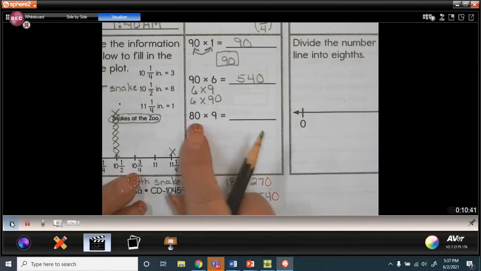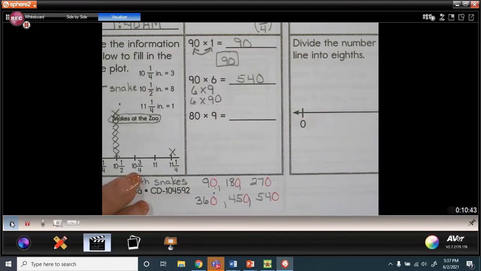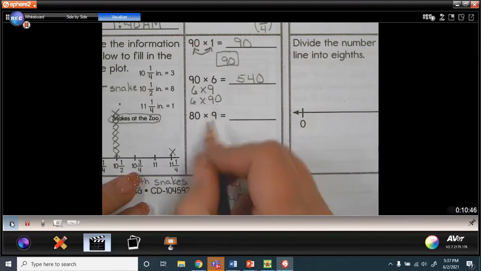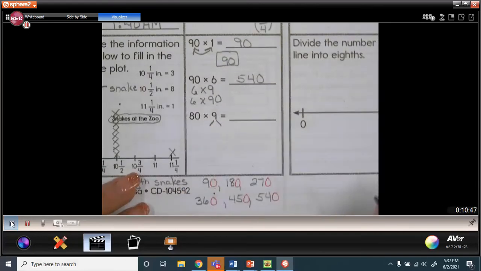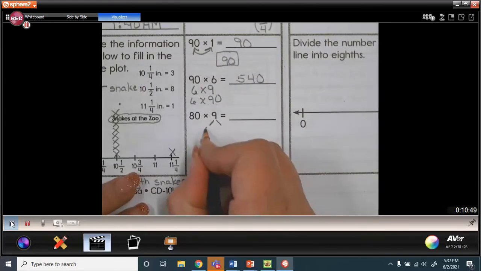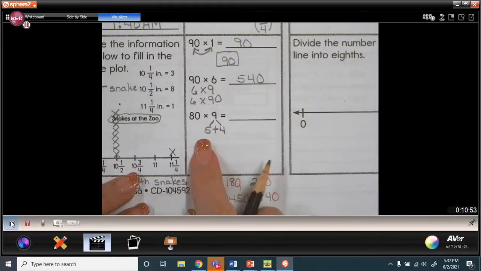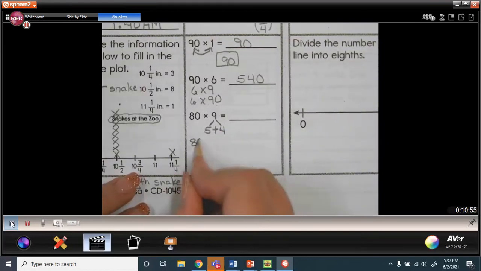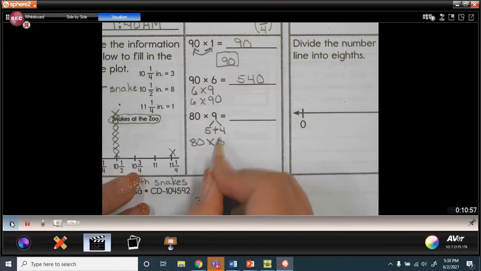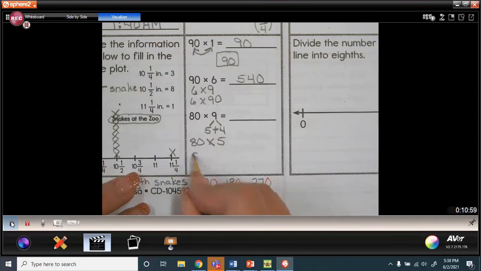Now, I'm going to use a different strategy here for the third one. I'm going to break up my factor as 2 addends. I'm going to use 80 times 5 and 80 times 4.